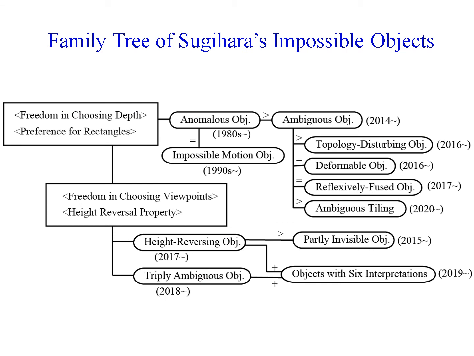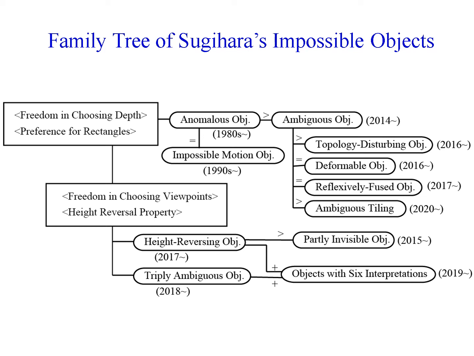We have shown 11 classes of impossible objects. We can organize them in the form of a family tree, as shown here. The root is the left upper corner, and the branches extend towards right and downward. Each branch means that the child node is created from the parent node, and the symbol attached to the branch represents how the child node is created from the parent.